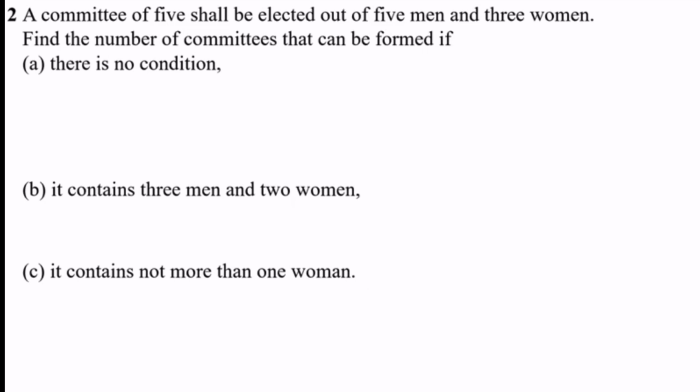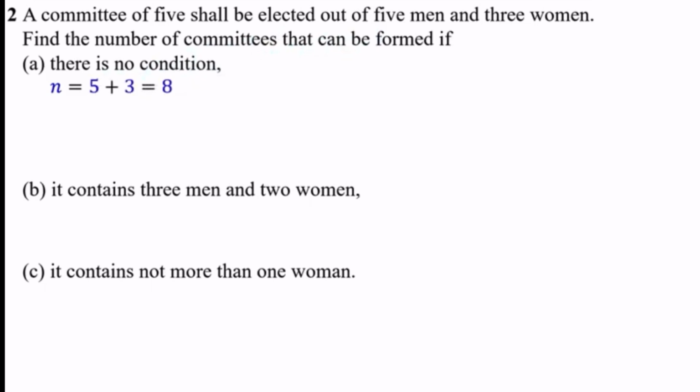We have 5 men and 3 women, so 5 plus 3 is 8 for the n. So out of a total of 8 persons, we are going to choose the committee.